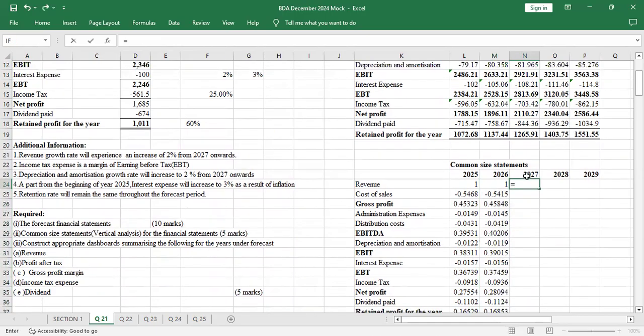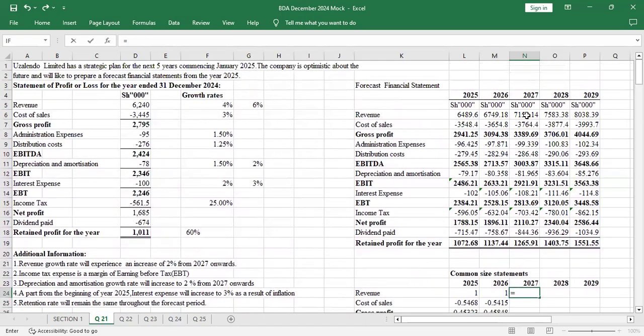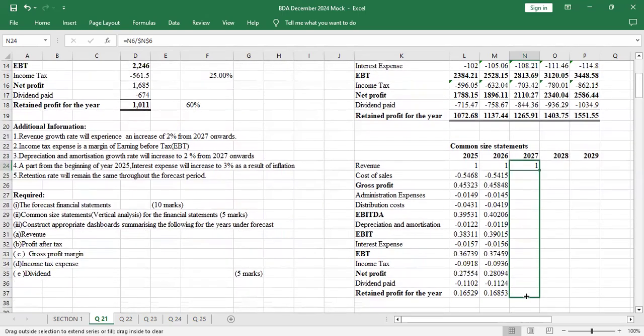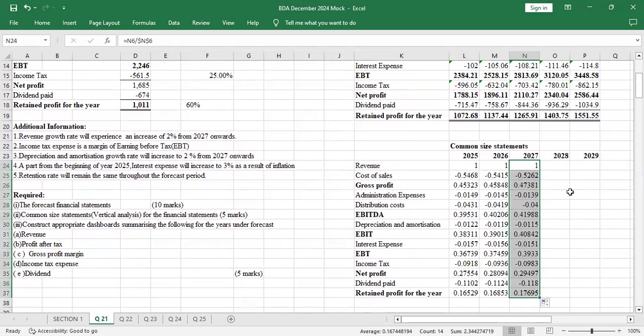The same will apply to the next year, which is 2027. You take that and divide by that value, but you lock the base completely. You say dollar sign before and after, then you enter. Once you enter, you'll always get 1, then you drag it all the way to retained profit.